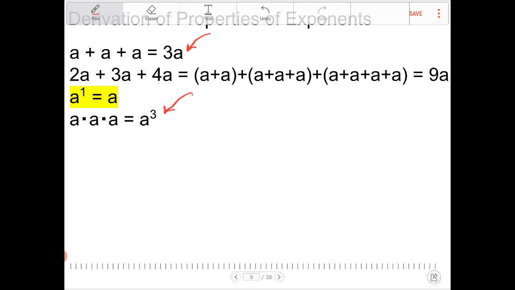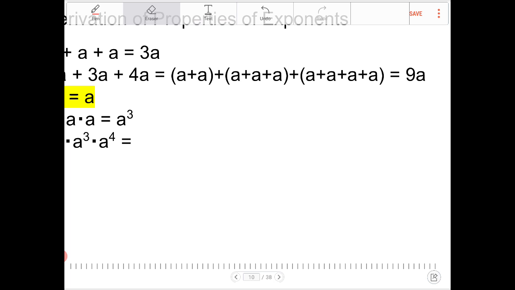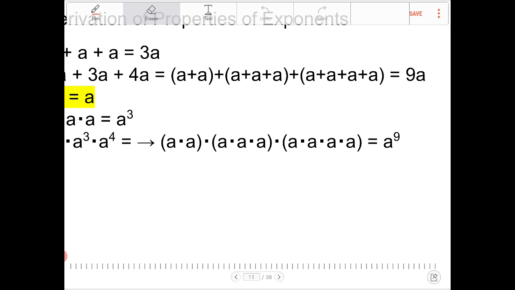We can also extend this idea even further and say, well, a squared times a to the third times a to the fourth, what would that be? This is not to be confused with 9a, because this 9 out in front means multiplication. So a to the second times a to the third times a to the fourth is interpreted, once again, as a times a times a times a times a times a times a times a times a.